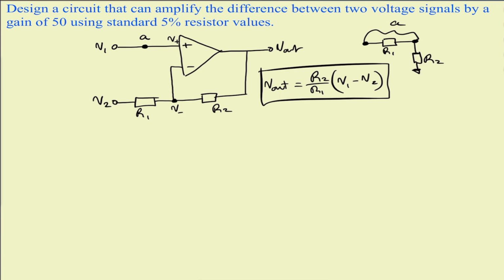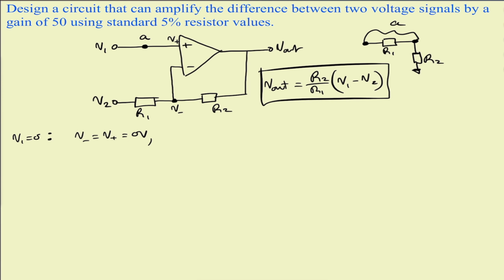Let's just start by setting V1 equal to 0. We're going to use superposition to find the V out here. So if we set V1 equal to 0, we then have that V minus is equal to V positive, which is equal to 0 volts.